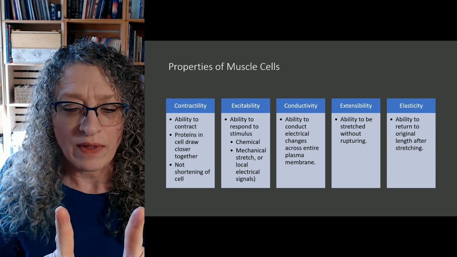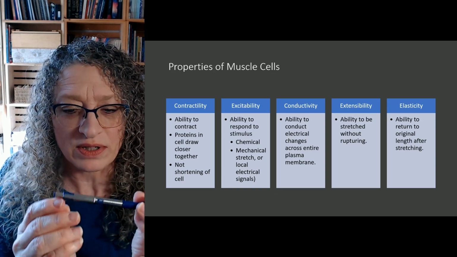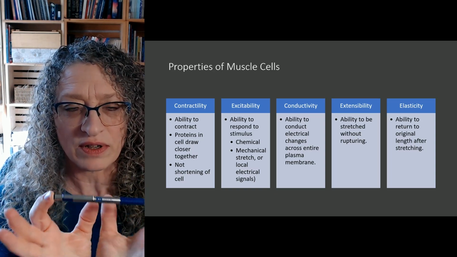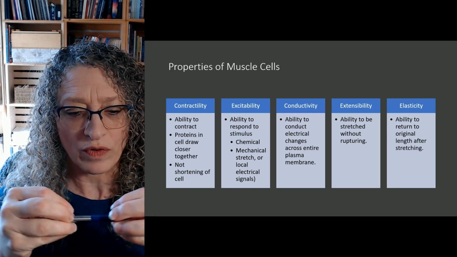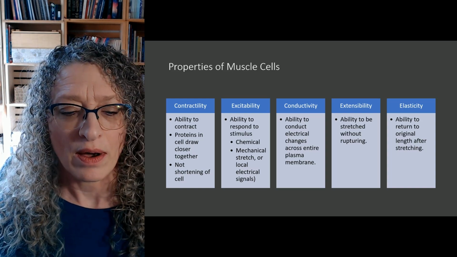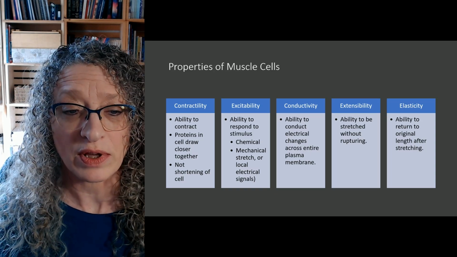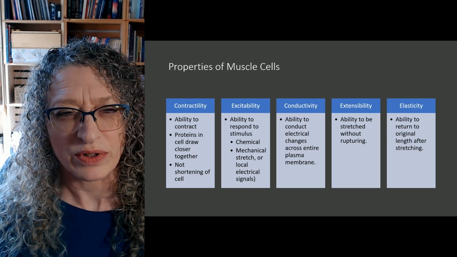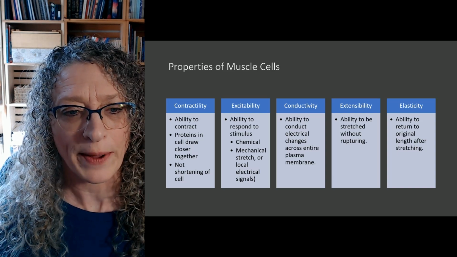When you understand that we're talking about contractility, each muscle cell itself doesn't really shorten. It's just that we have these fibers that move on each other. So again, you may remember that from physiology, or maybe you don't, but we'll be looking at that again. It's really important to understand how the skeletal muscle works in that way.